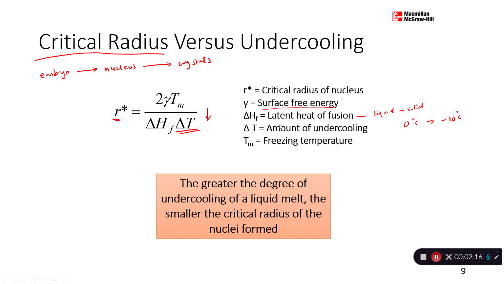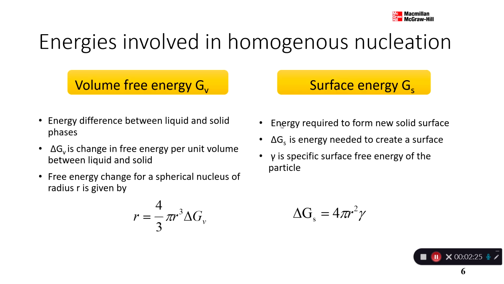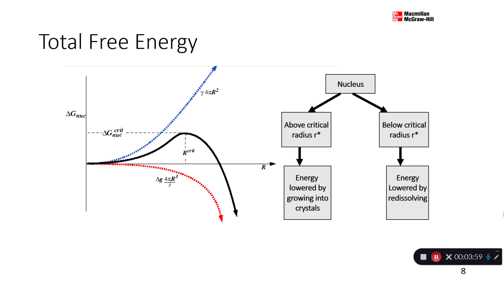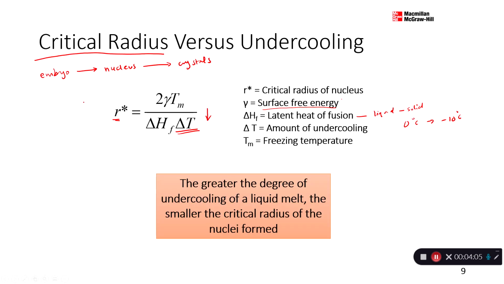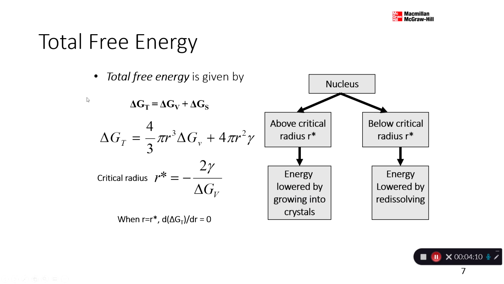So where does this critical radius come from? This process is influenced by two types of energy: volume free energy and surface energy. Take a look at this graph. There are three lines. This is the energy for the nucleation process, the total energy. Total free energy is a combination of the volume free energy and the surface free energy.